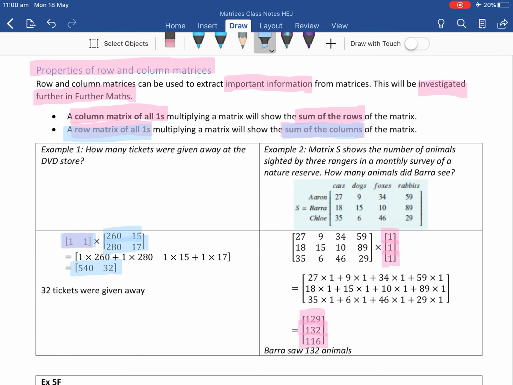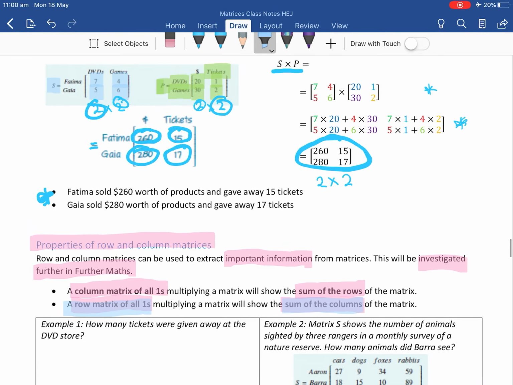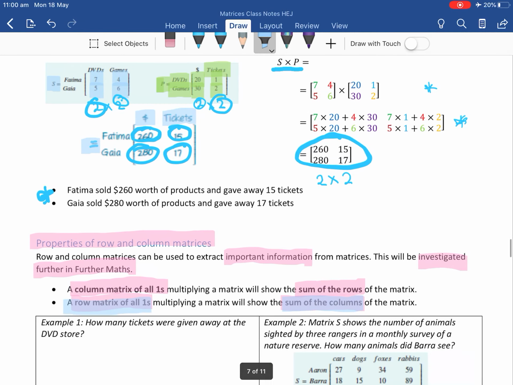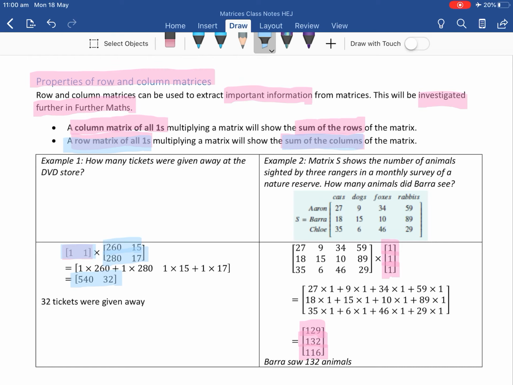Looking at the columns of this matrix, we have the cost and the tickets. So this is the cost, altogether it's 540, if you were to add these together, and the number of tickets sold altogether is 32.